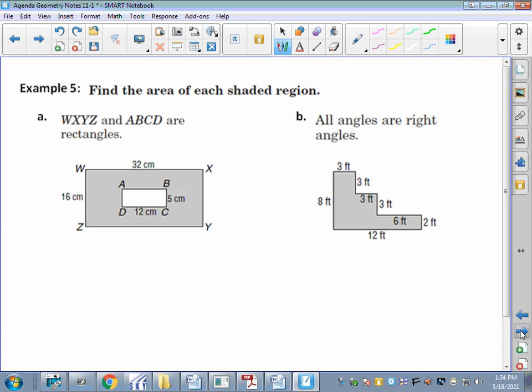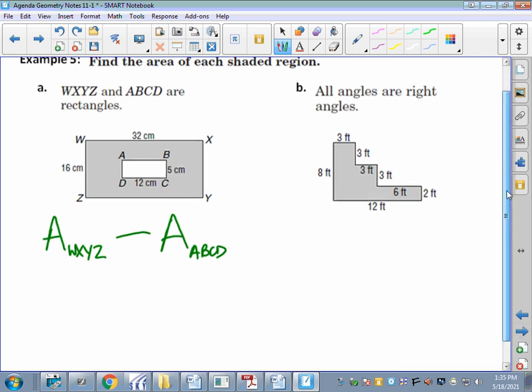What are you going to do if you're taking something out or taking it away? We're going to subtract. So we're going to find the area of WXYZ, and we're going to subtract the area of ABCD because we're taking the little area away from the larger one. We're popping that right out of there.